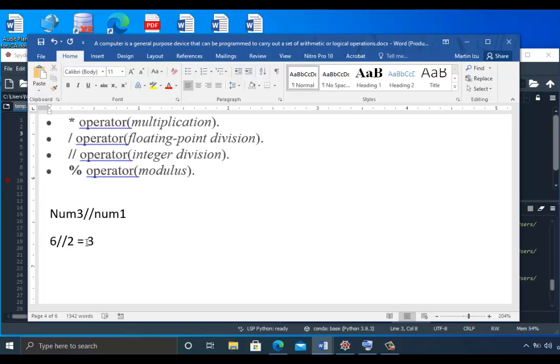How did the calculator arrive at this result? This is simple. The difference between 6 and 2 is 4. The difference between 4 and 2 is 2.